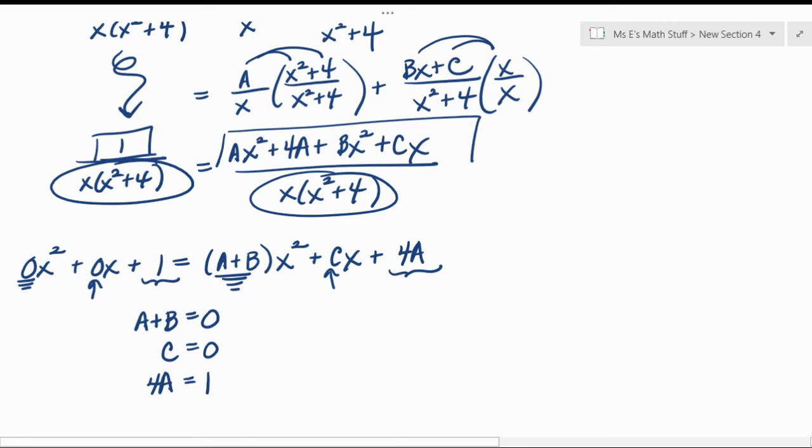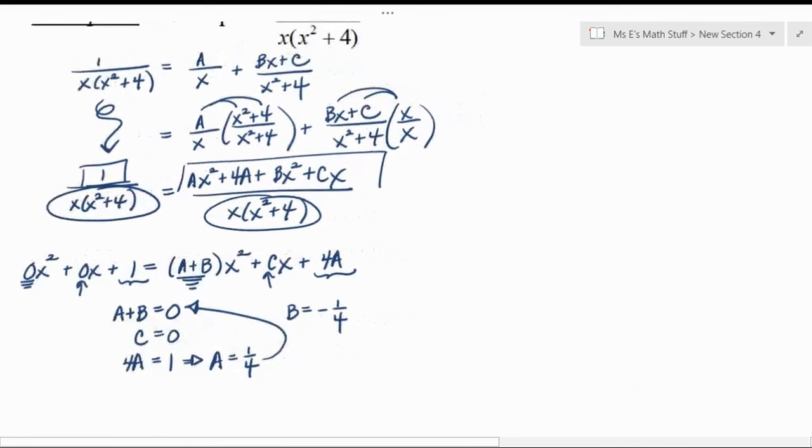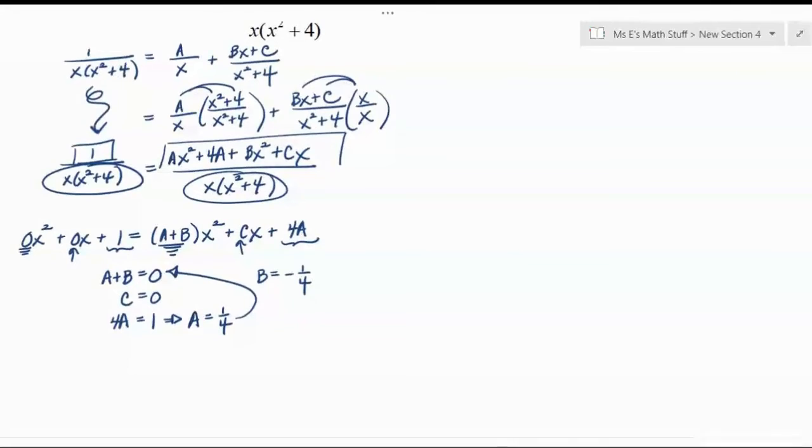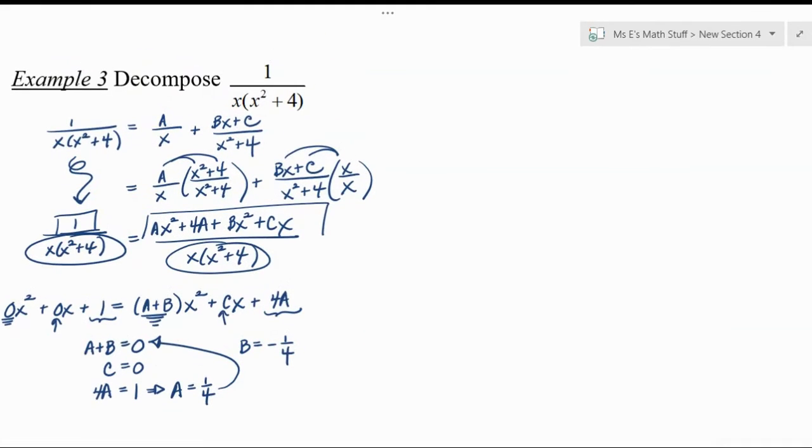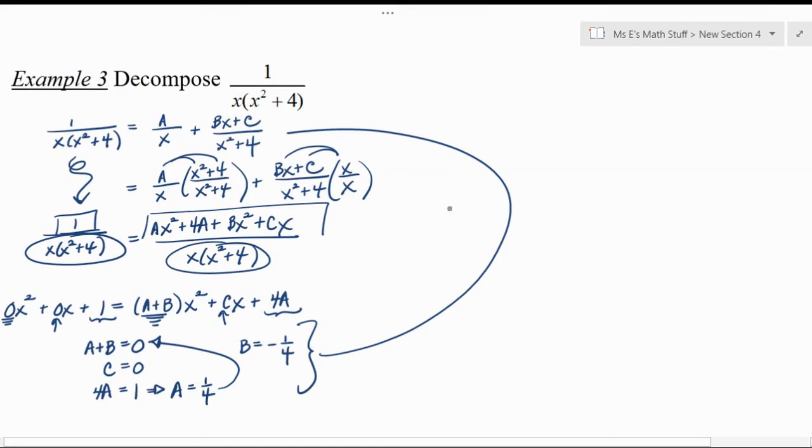So we already know what C is, and it's easy to divide both sides by 4, or just think about what A would be. So A would need to be 1/4. And then you could back substitute into row 1 and figure out pretty quickly that B would need to be the opposite of 1/4. Okay, so with that said, what would that mean for our conclusion? Remember, you always want to take your constants and back substitute into your form.